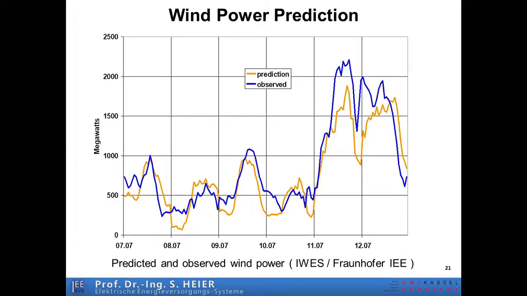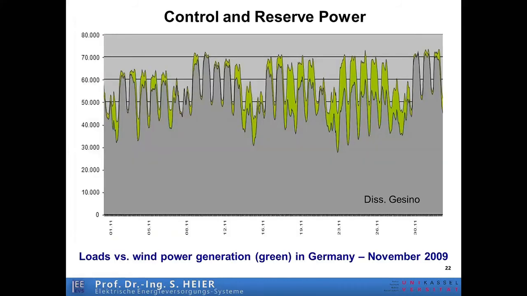Oh, and the prediction of the power is a very important thing. In the PhD work of Mr. Gesino, he is now back in Argentina, he showed in this picture the full year 2009 simulated. Here you can see that the green is the wind feed-in, and all the other is the residual power consumption.